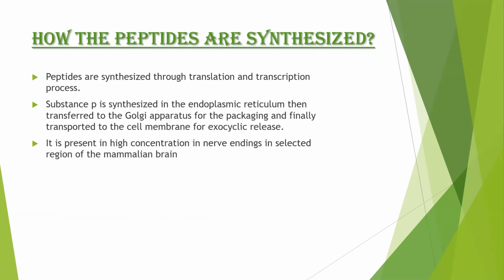These are released by the depolarizing action of a calcium-dependent mechanism. When the neurokinin 1 receptor is stimulated, it can generate various second messengers, which trigger various effector mechanisms that regulate cellular excitability and functions.